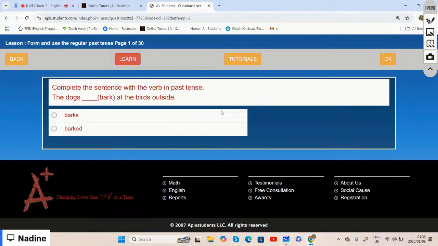And if we were to show bark in the past tense, something that happened already, then we will choose option two. Barked at the birds outside.